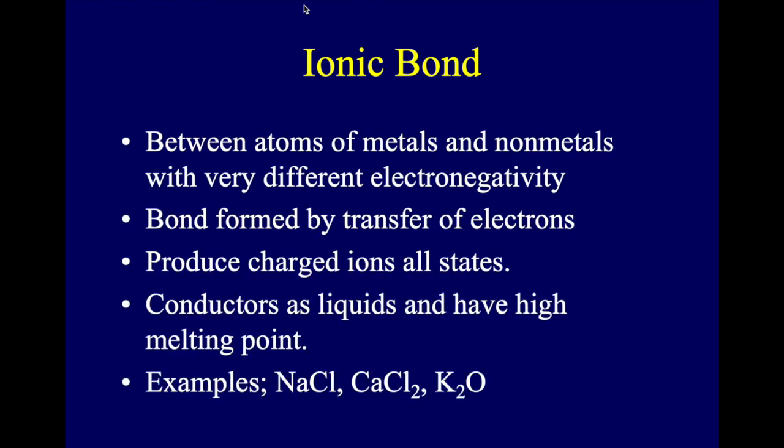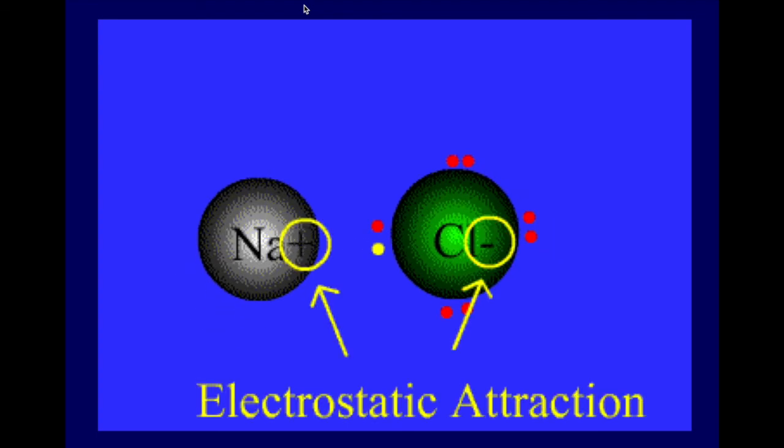Sodium chloride, calcium chloride, potassium oxide are examples of ionic compounds which have ionic bonds within them. There you can see a nice example of sodium giving away its electron, that outermost electron, giving it to chlorine. Chlorine gets a minus charge. Sodium has a plus charge. And because you have a plus and a minus, they stick together very nicely.